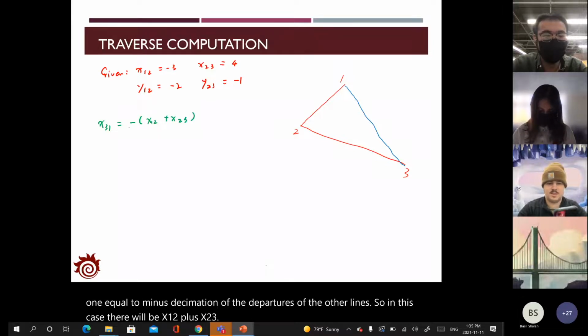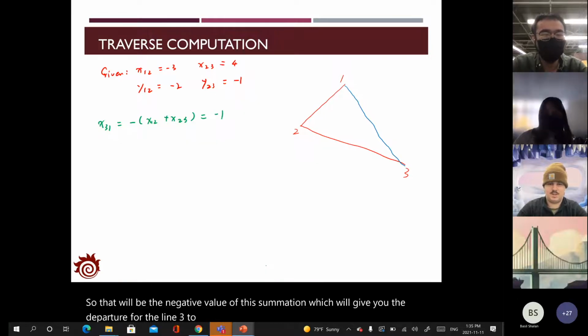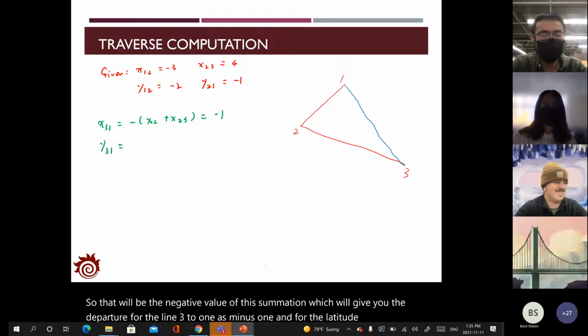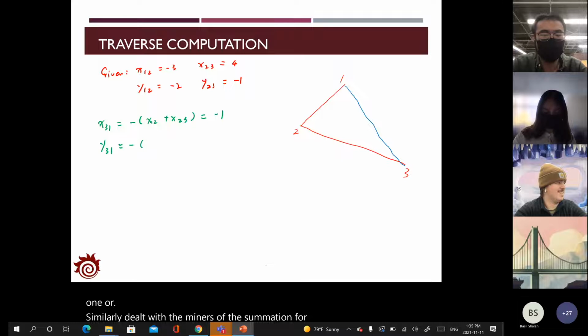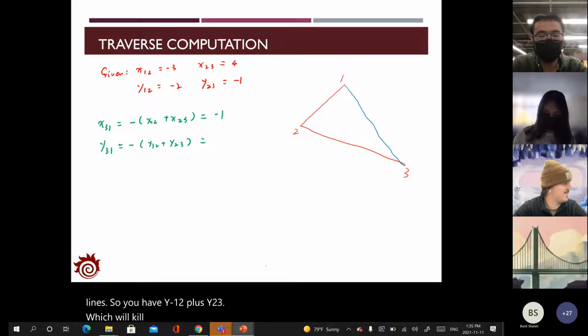So that will be the negative value of this summation, which will give you the departure for the line 3 to 1 as -1. And for the latitude of the line 3 to 1, similarly, that will be the minus of the summation for the latitude of the other lines. So you have y12 plus y23, which will give you the value as 3.